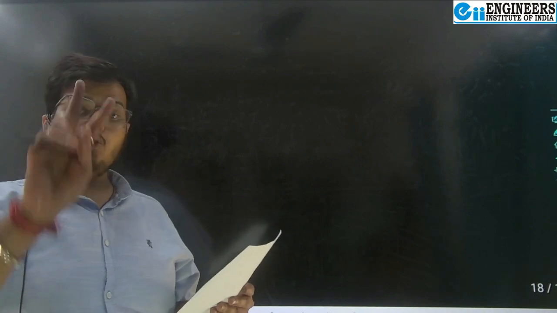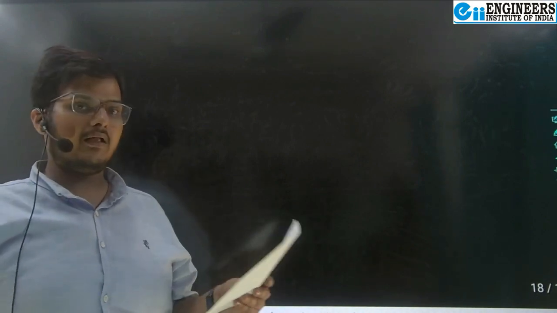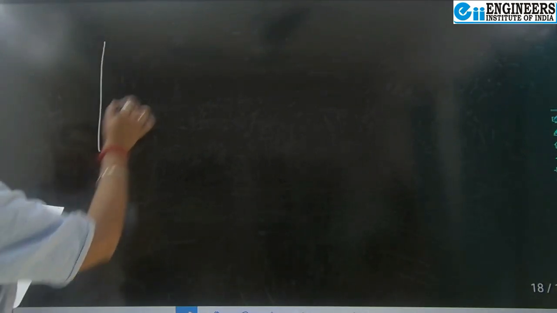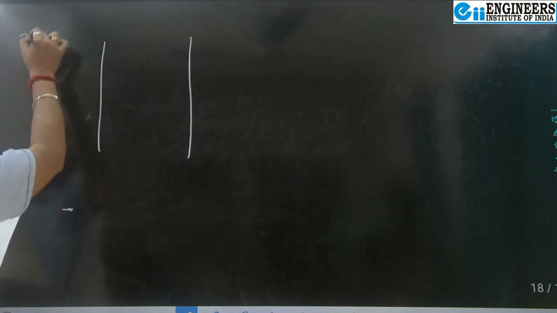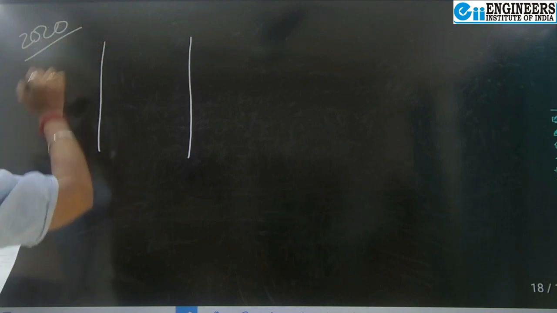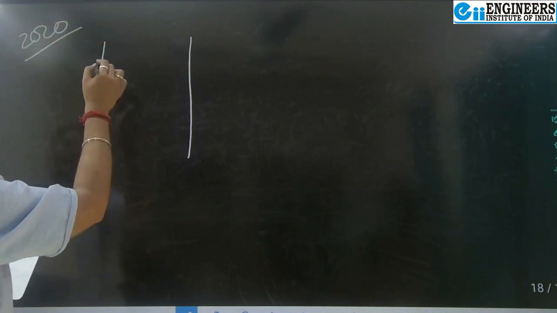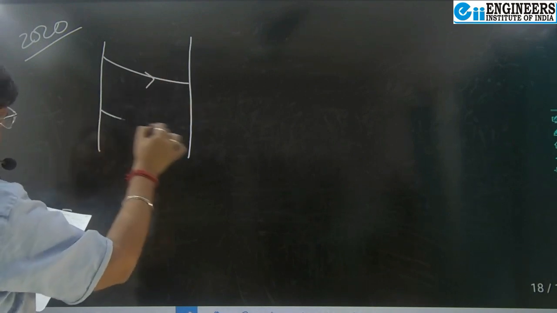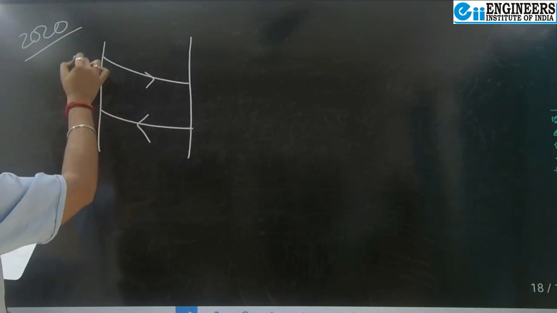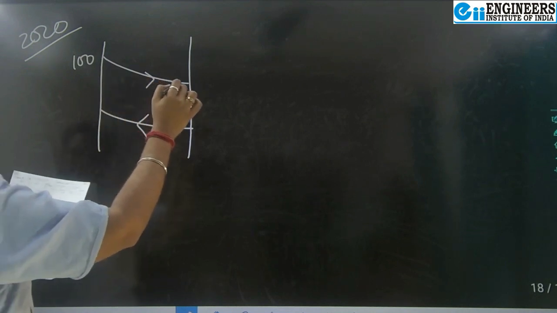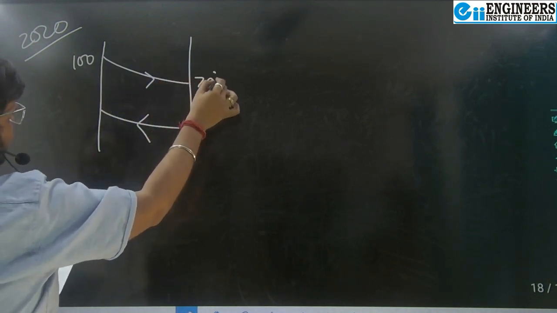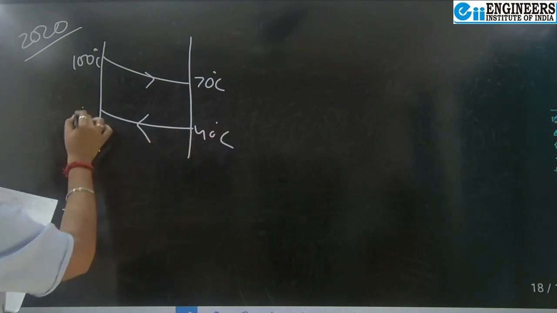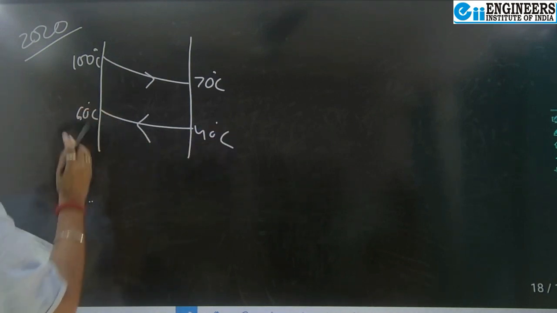It is a 2-mark question from GATE 2020 chemical engineering. Hot enters at 100 degrees Celsius and exits at 70, cold enters at 40 and exits at 60.